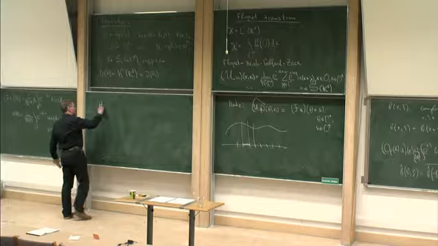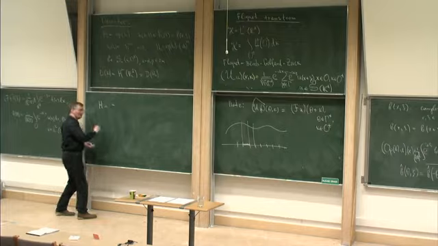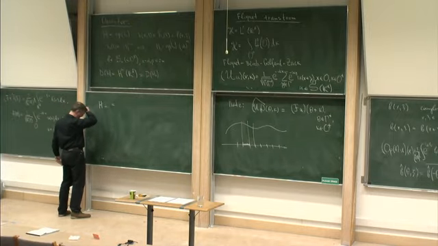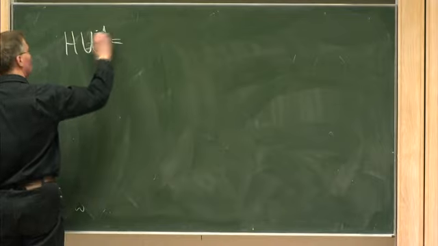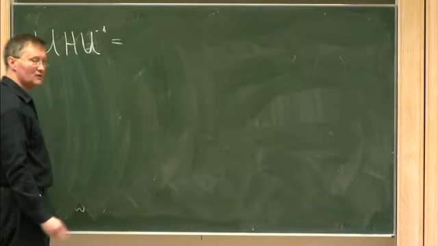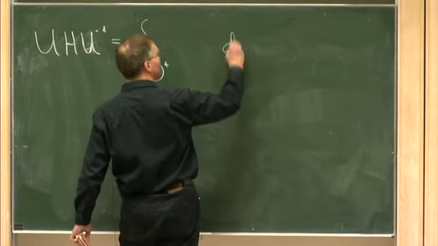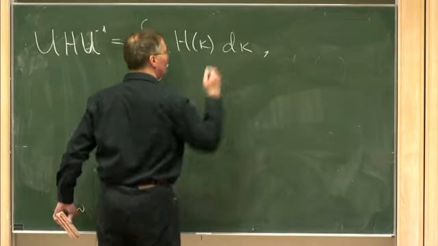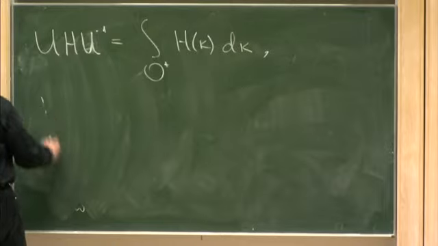So H is, more precisely, it is not equality, but unitary equivalence. It is going to be U minus 1 U. This is unitary equivalence. It is the direct integral dk h_k. All right. Now, what is h_k?